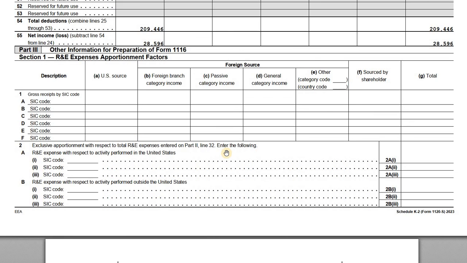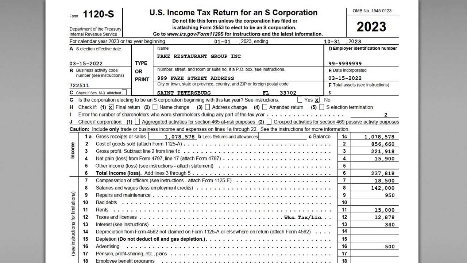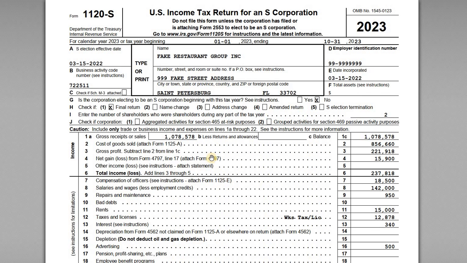And so part 3, again, we didn't complete that. We're just doing parts 1 and 2 in case these shareholders had to do a 1116 and needed more information on their gross income and expenses. All right, so I think that covers everything I wanted to address. We've gone over the 1231. Okay, so I think we've covered everything.